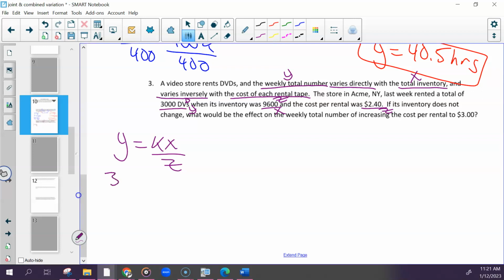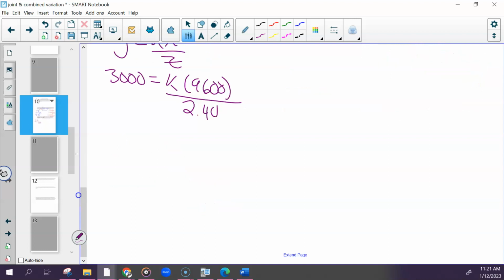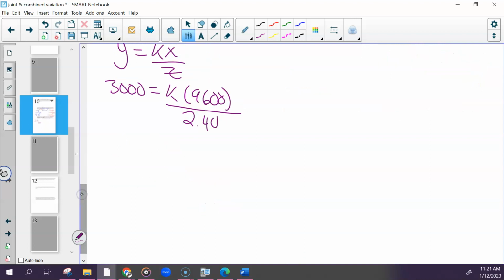So Y is 3,000. We don't know k. X is 9,600. And Z is $2.40. So if we were to divide 9,600 and 2.4, we would get 4,000.